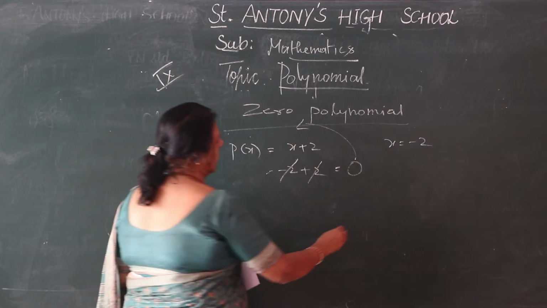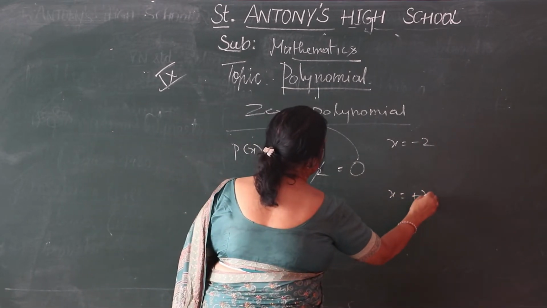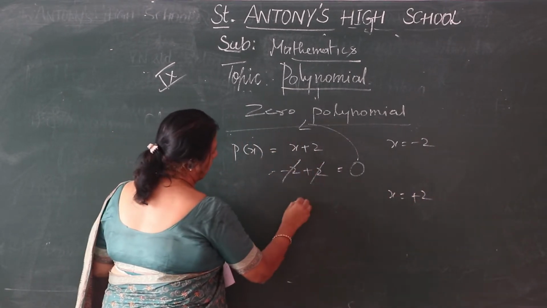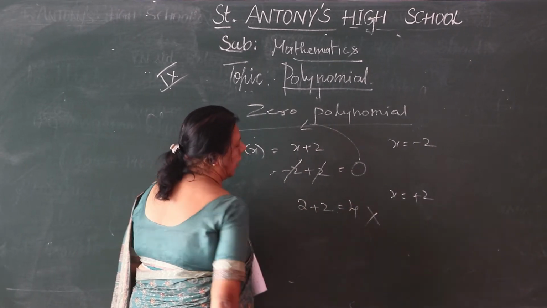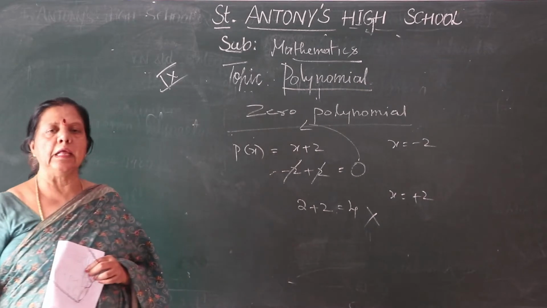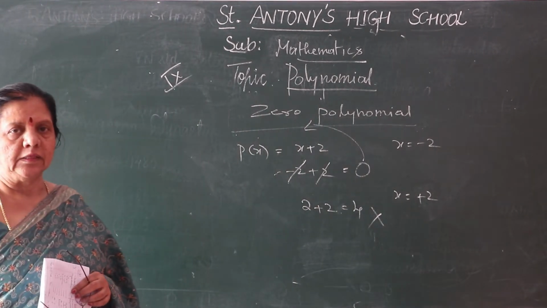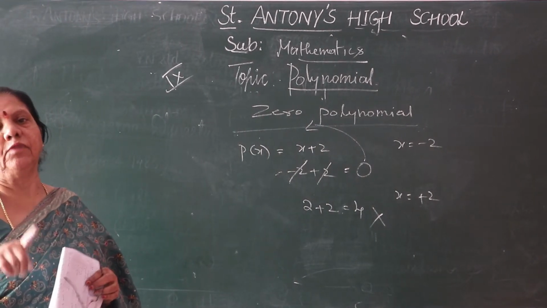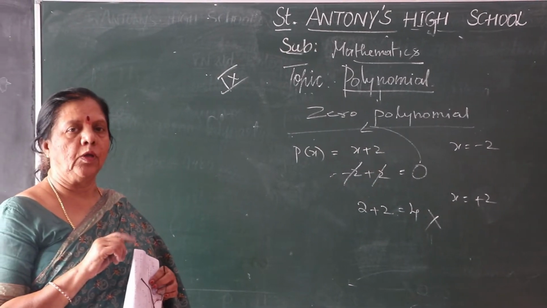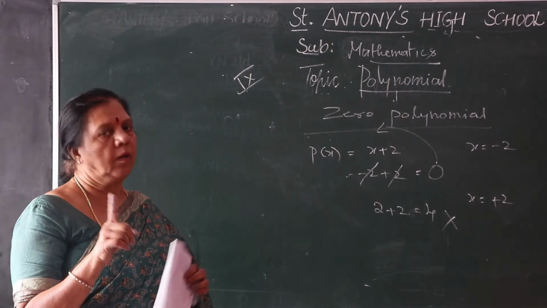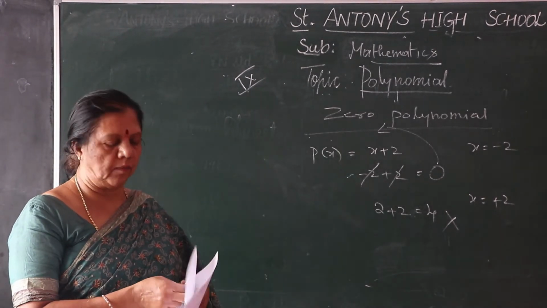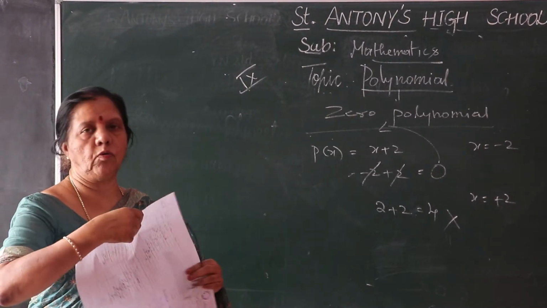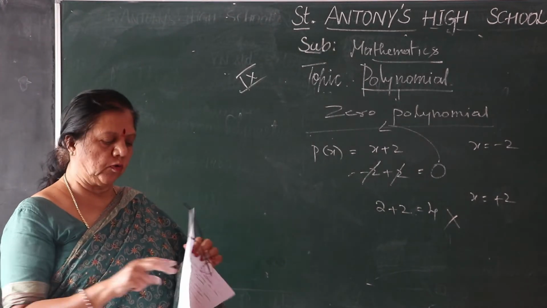If we take x is equal to plus 2, then 2 plus 2 is equal to 4. It is not a zero. So check which one has a zero: -2 has a zero, plus 2 is not at all. Like that, other 3 or 4 sums they have given. Look into your exercise and solve.